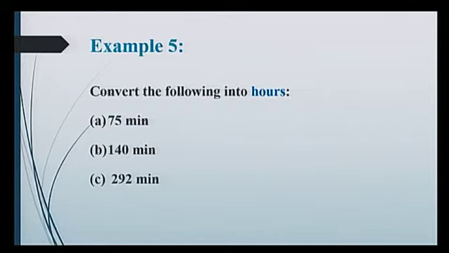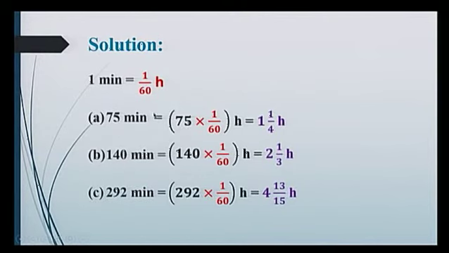The next example now, we are going to learn how to convert minutes into hours. So again, we have 3 parts. The solution now, if you still remember, 1 minute is equal to 1 over 60 hours. So for 75 minutes, I'm going to have 75 times 1 over 60 hours, and this gives me 1/4 hours.